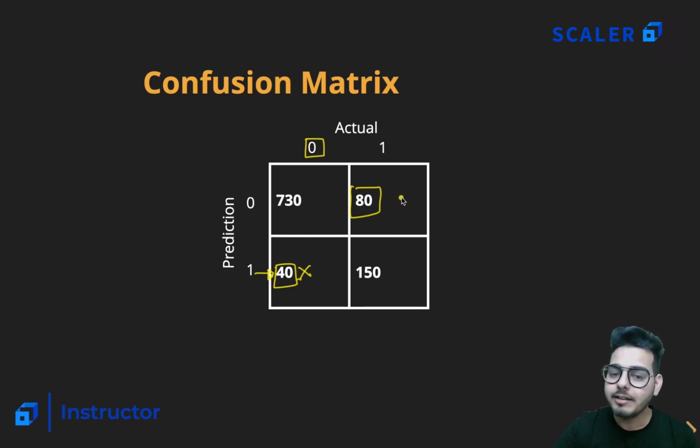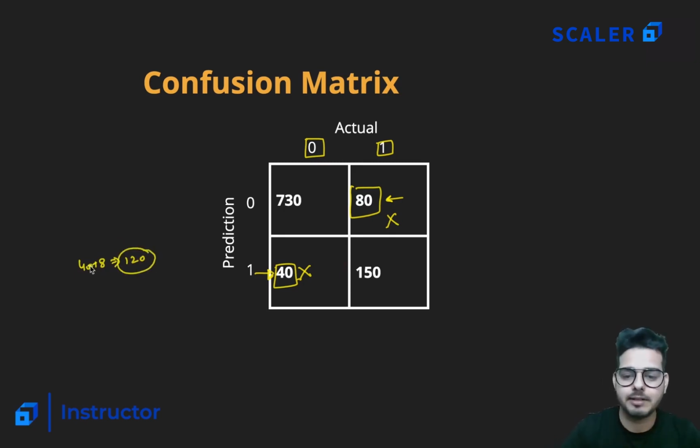Similarly, look at this one, 80. Model is saying that these 80 people are not going to leave, whereas in actual, what we observed is they left the company in the next month, which is again, the model is wrong about these 80 people. So 40 plus 80, the model is giving wrong predictions for 120 employees.